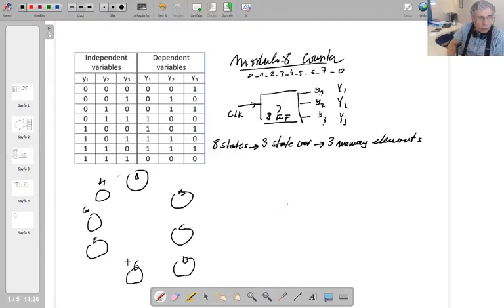So I am going to make the state assignment coding in the counting sequence. So that means 0, 1, 2, 3, 4, 5, 6, and 7.